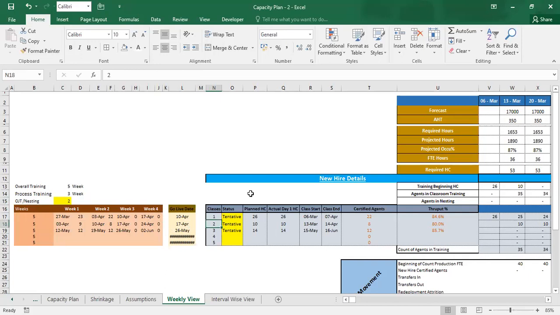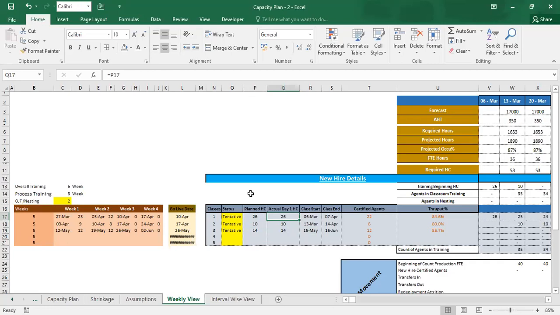And here are the classes that I have planned on 6th March 26, 13th March 10, and 15th March 14. Here you can see why I have written planned and actual. When I'm planning the class, I raise the RRF to the GRO team and the hiring team saying we require 26 head count.